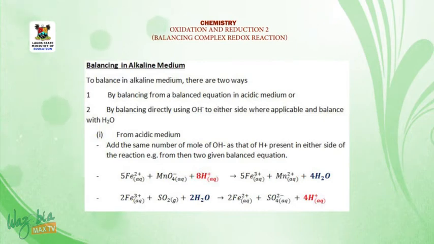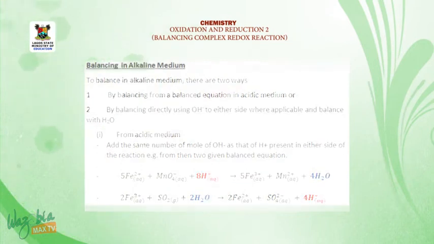From acidic medium, we add the same number of moles of OH minus as that of hydrogen plus present on either side of the reaction, e.g. from the given balanced equation, where we have 5 moles of Fe2+ plus MnO4 minus plus 8 hydrogen ion to give us 5 moles of Fe3+ plus Mn2+ plus 4 moles of water.